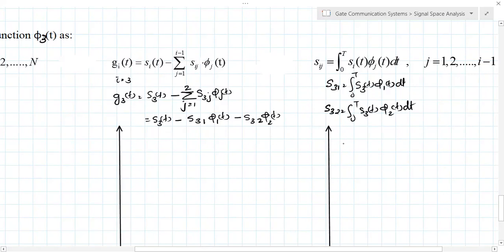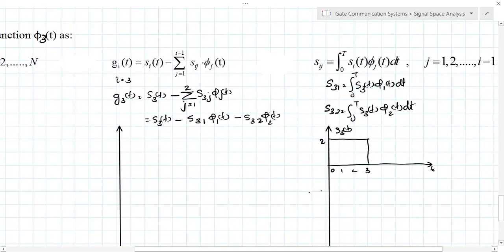So s3 of t is a signal which exists from 0 to 3. Okay, we can plot it: from 0, 1, 2, 3, and 2. So the amplitude is 2, that is actually s3 of t, the given question. So now we need phi 1 of t.